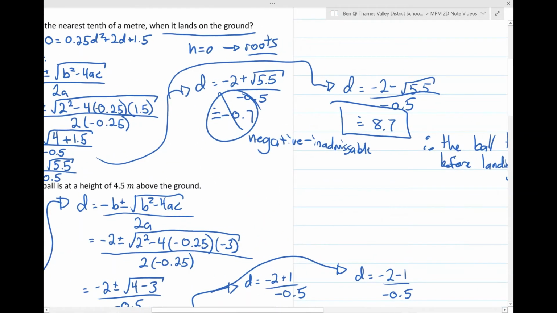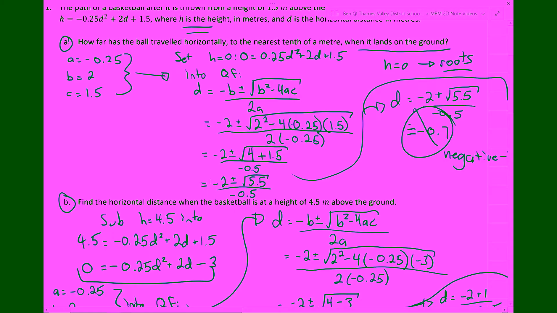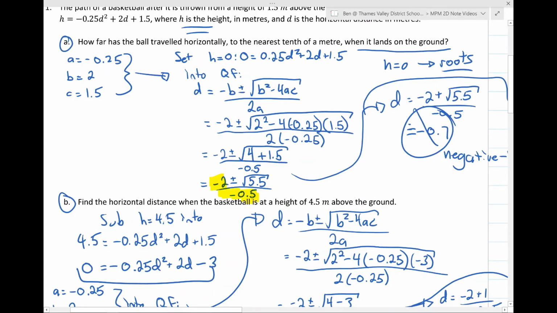We saw that in the first problem, when we were finding the roots, we had a -2 divided by 0.5. And the difference of these roots, one root was plus the square root of 5.5 away from there, the other was negative the square root of 5.5 away from there.